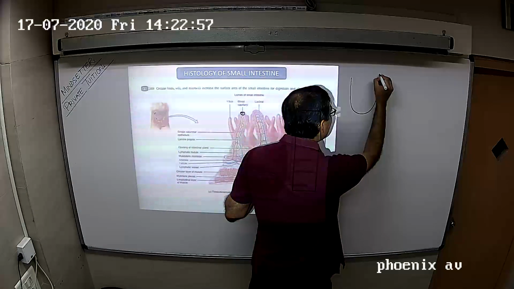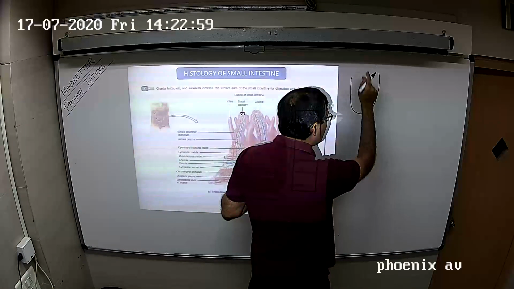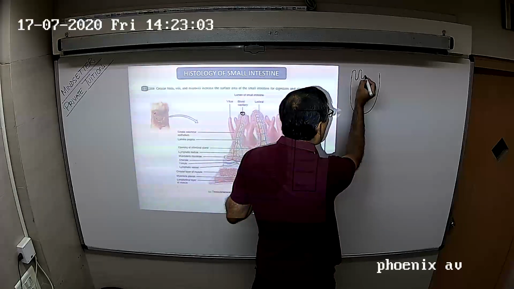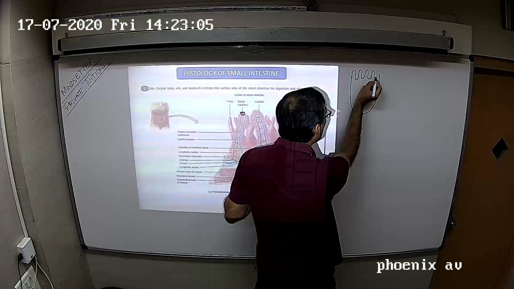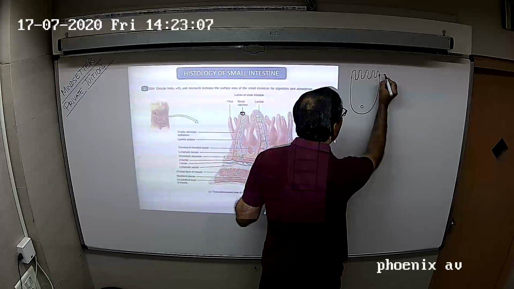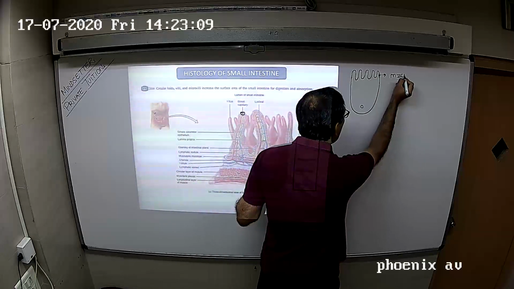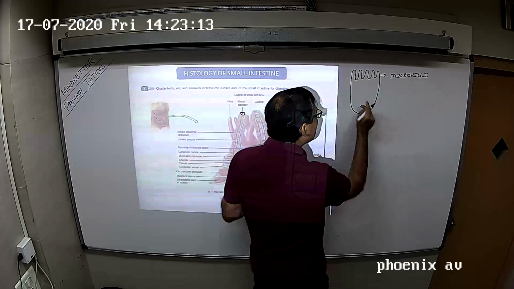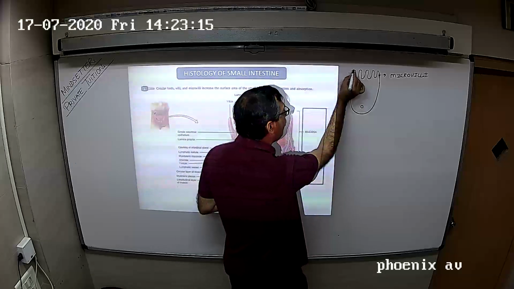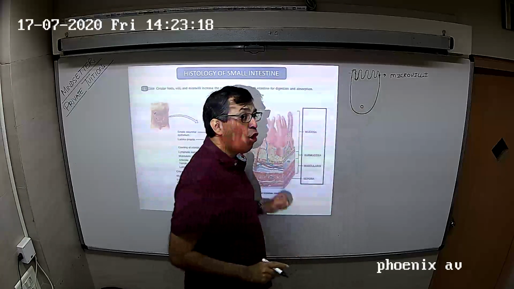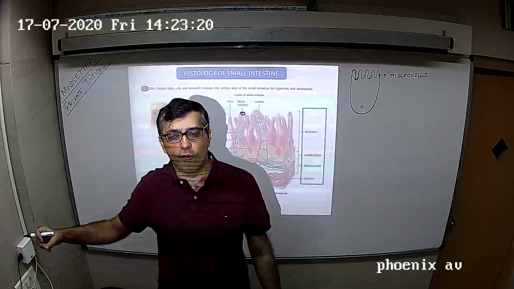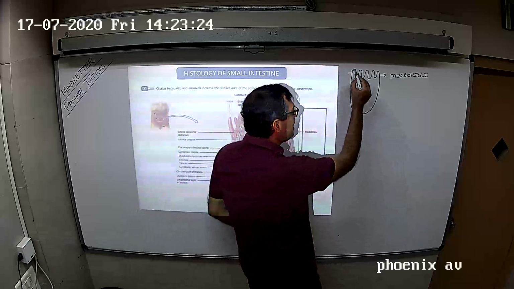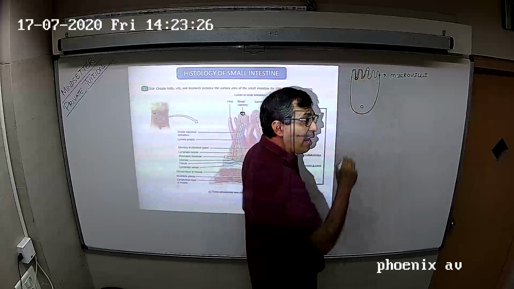These are cells which are columnar and they have hair-like processes which are called microvilli. Microvilli tremendously increase the surface area for absorption of food.